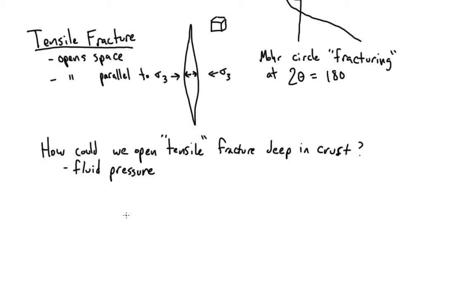It's fluid pressure that sort of can, imagine pumping this. If there's a fluid in here, pumping it up, it's going to act opposite of sigma 3. So we'll call fluid pressure P with little f.